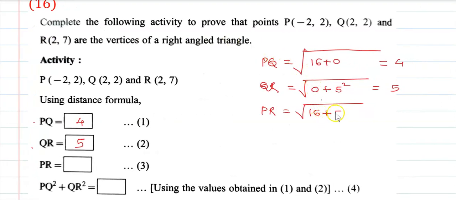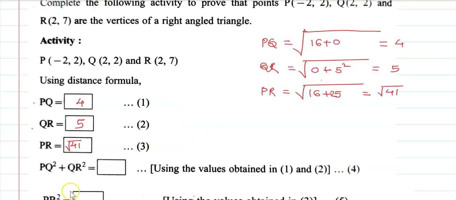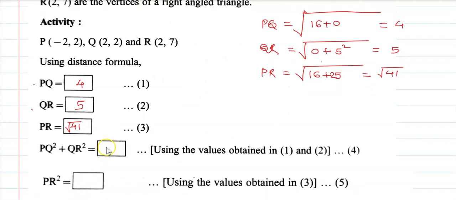That is 5 square means what? 25. If you add it, then you will get here a root of 41. And therefore, this PR is equals to a root of 41. And therefore, PQ square plus QR square is equals to 41. And PR square is equals to also 41.